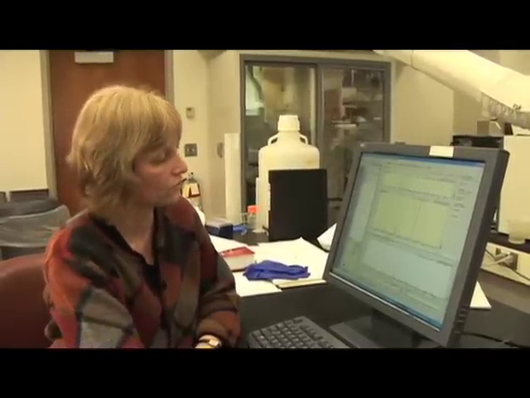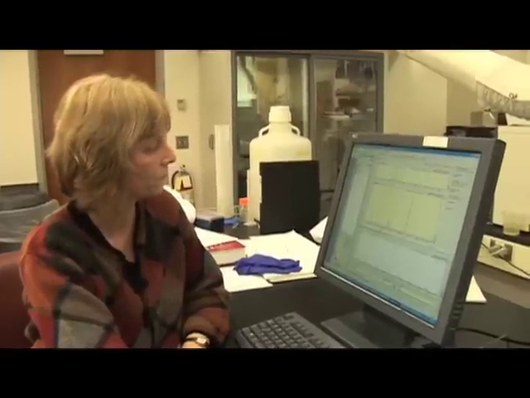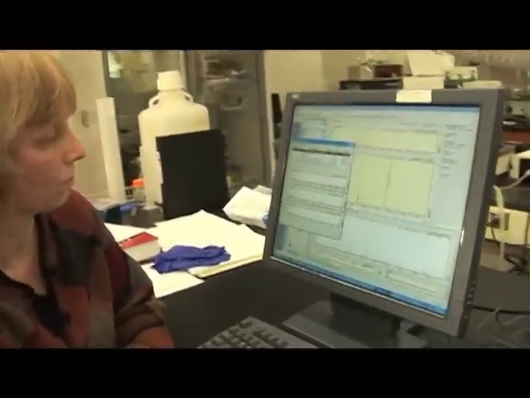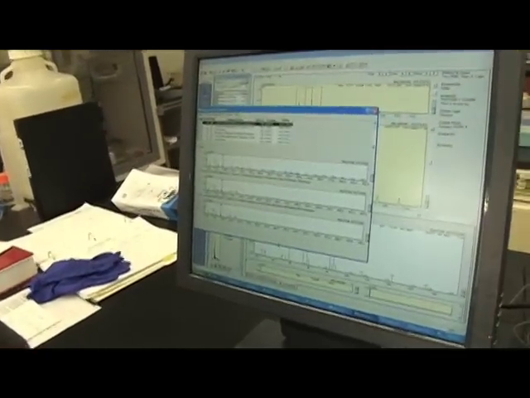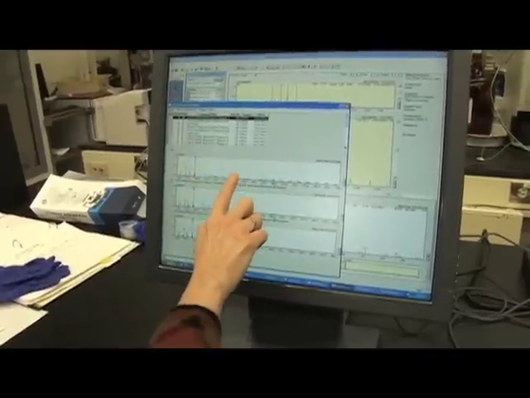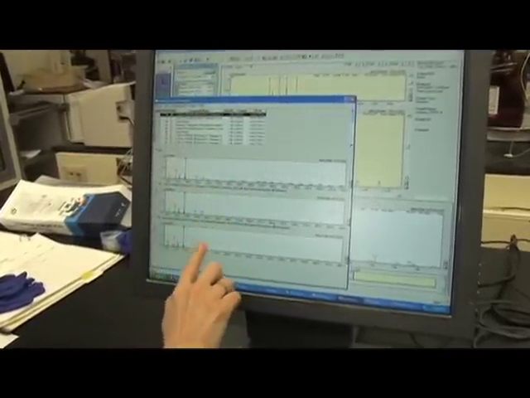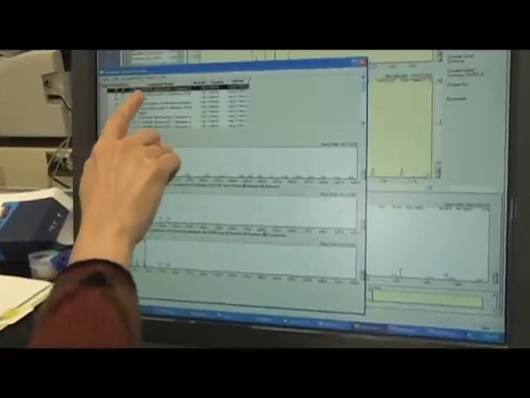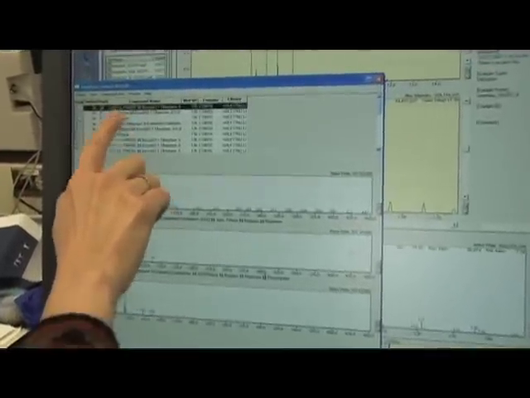So now if I do a similarity search for this compound, a new window pops up, and this is my spectrum, and these are the ones that are suggested by the database. And the suggestions are all the same.